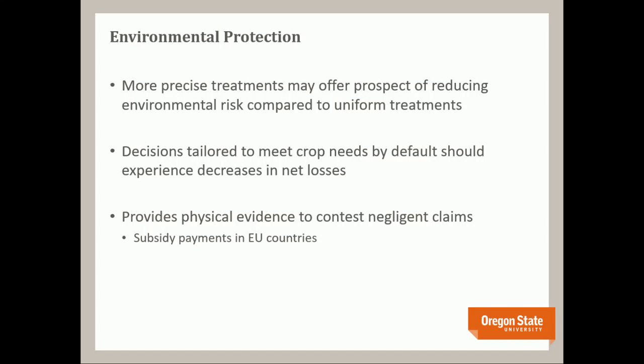In environmental protection, more precise treatment may offer prospects of reducing environmental risk compared to uniform treatments. For example, in Pakistan, if a farmer has 25 acres of land, he will apply 2 bags of urea, 1 bag of DAP, and 1 bag of SOP to the whole field.